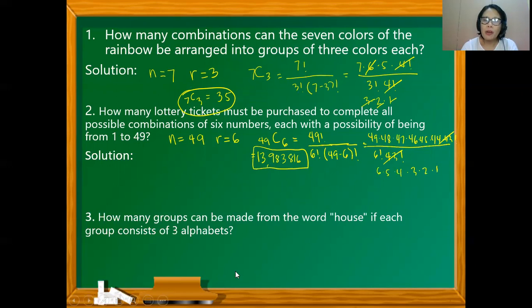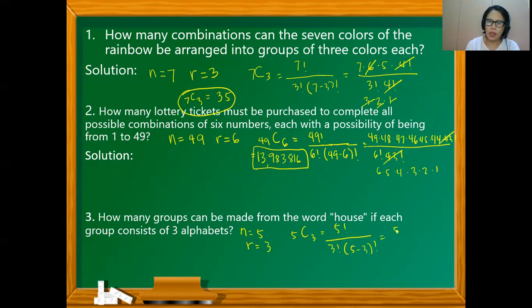So for number three, how many groups can be made from the word house if each group consists of three letters? So our n here is 5 and our r is 3. So combination of 5 taken 3 equals 5 factorial all over 3 factorial times 5 minus 3 quantity factorial.